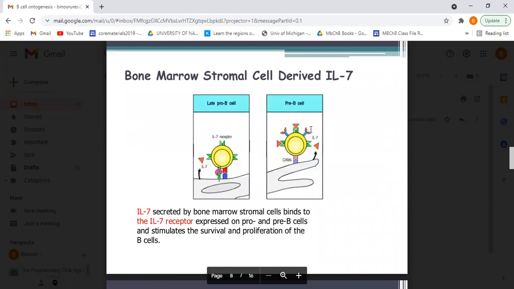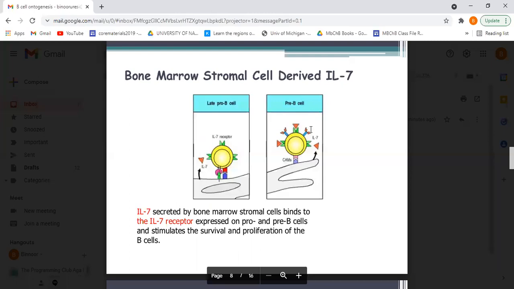We also said it requires the function of the cytokines, and specifically the stromal cell provides the interleukin 7, which is secreted by these bone marrow stromal cells, and it binds with the receptor that is expressed on both the pro and the pre-B cells with the function to stimulate the proliferation of B cells.